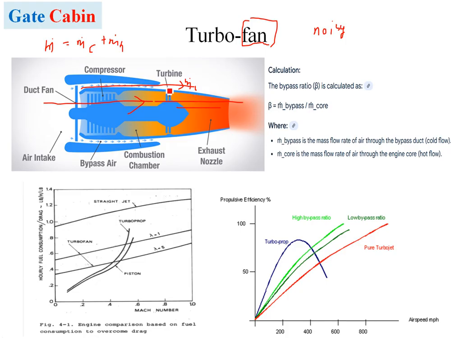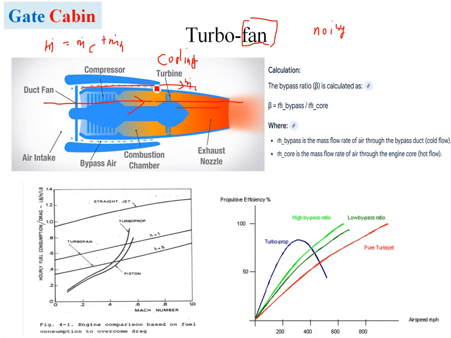So when this cold mass flows over the engine body, number one, it provides cooling. The cooling effect is very important because the temperature in the combustion chamber rises up to 1200 to 1500 Kelvin, which is obviously a very high temperature.